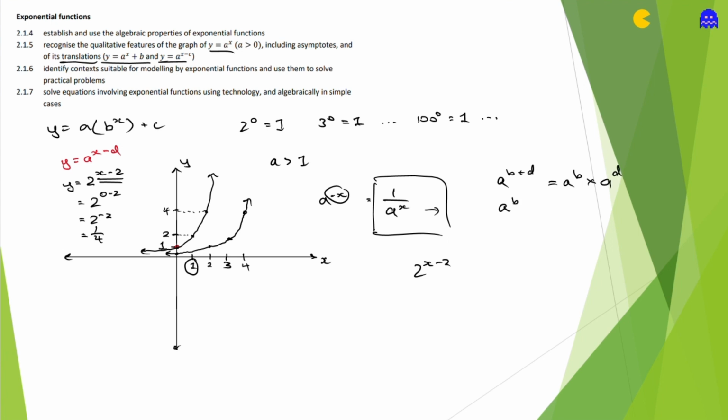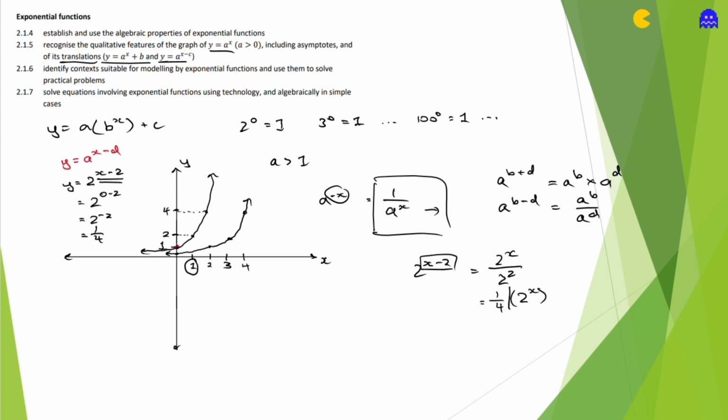And similarly, a to the b minus d is equal to a to the b over a to the d. And so if we have a look at this, 2 to the x minus 2 is going to be equal to 2 to the x divided by 2 to the 2, which is equal to 1/4 times 2 to the x.